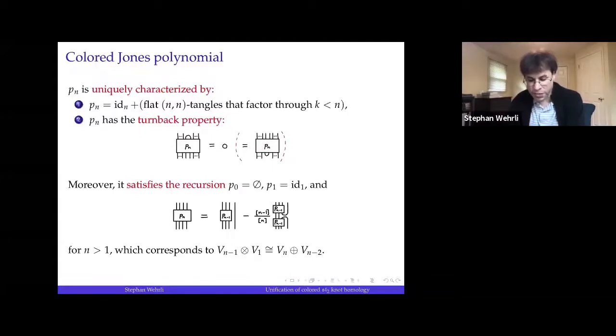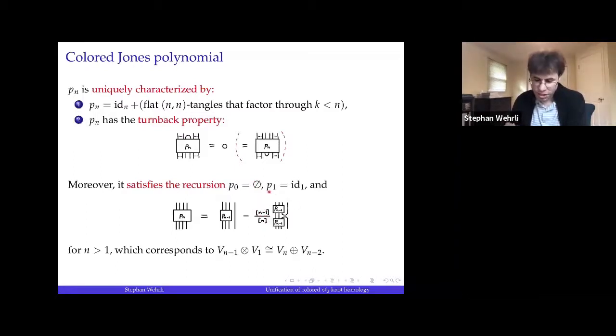We can also define the projector recursively. The 0th projector is the empty tangle. The first projector is the one-strand identity tangle. In general, the nth projector is given by taking the (n-1)st projector, adding an extra strand, and then subtracting this term, where here n-1 and n are again quantum integers.